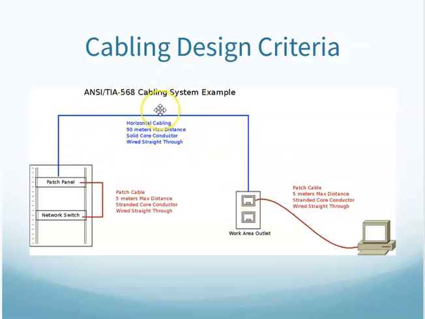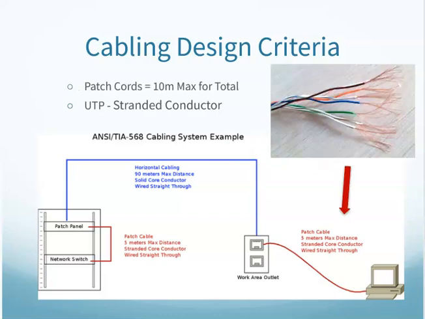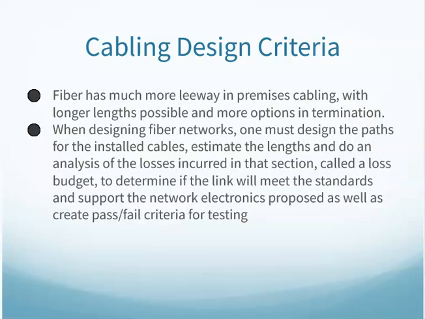Your horizontal cabling here is limited to 90, and your patch cable here is limited to essentially 5 and 5. Reminder, horizontal cabling is solid conductor cable, and then your patch cables are stranded conductor cable for flexibility purposes. Fiber has more bandwidth and more lengths possible, as we talked about before.